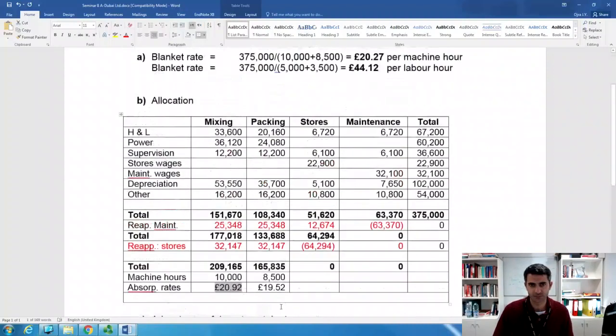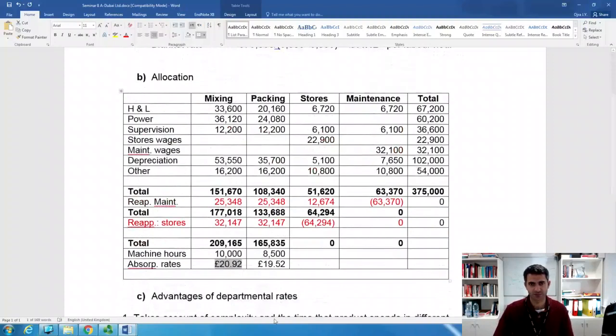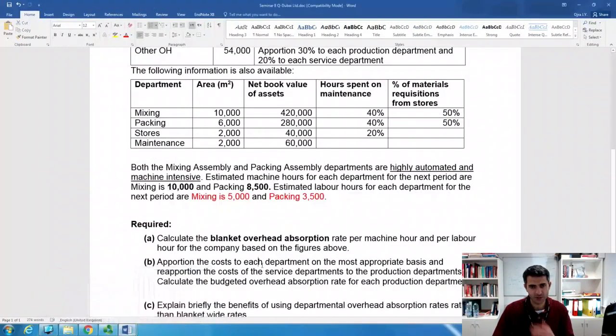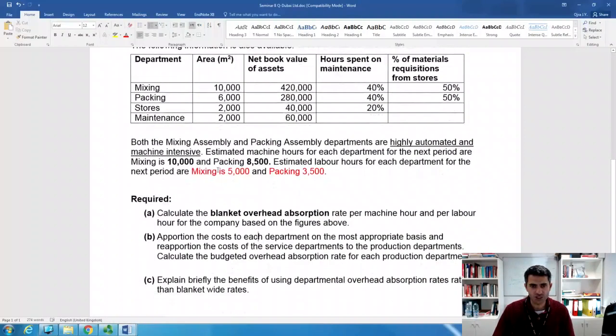Okay, that's for mixing. For packaging, same, we need to see whether there are more labor hours or more machine hours. For packaging we have 8,500 machine hours compared with 3,500 labor hours.